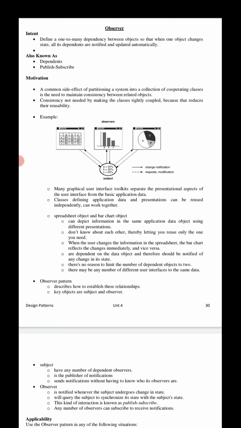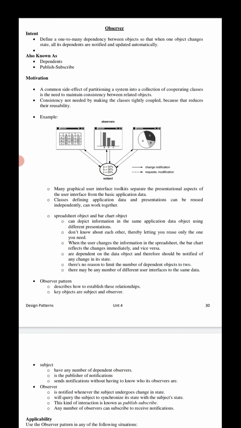Those persons receive a notification that I uploaded a video today, and they see which video they need to watch. The observers just observe that particular state. All its dependents are notified and updated automatically.